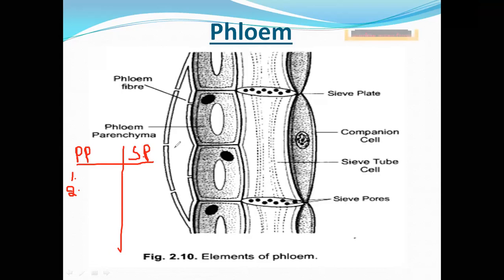One more important point is, medullary rays are found in the primary phloem, which are developed from the activity of apical meristem. But in the secondary phloem, medullary rays are found in the region where the activity of ray initials starts.